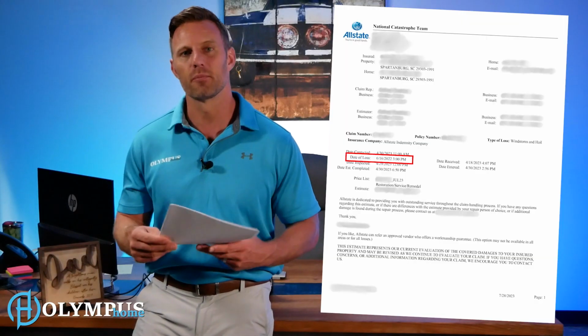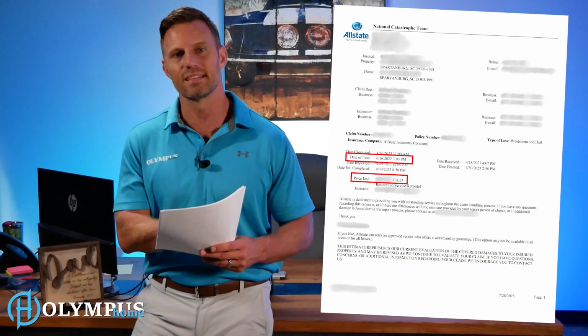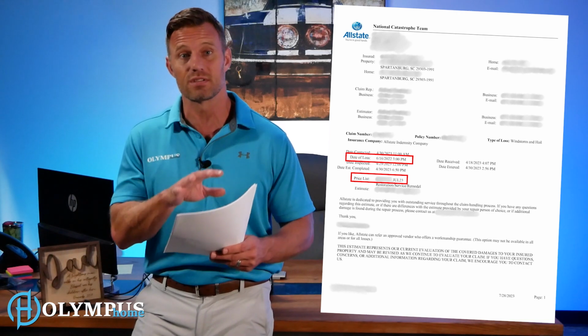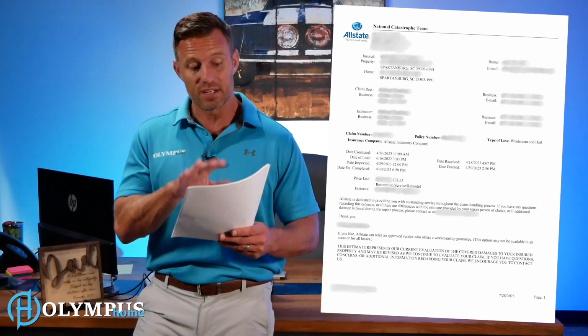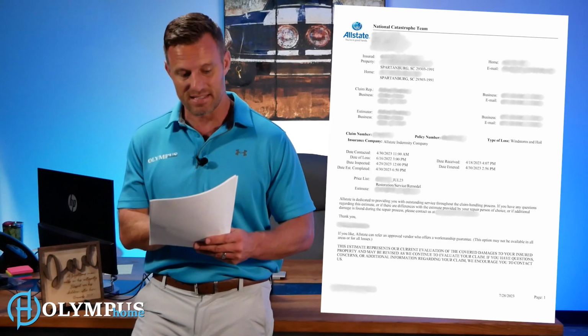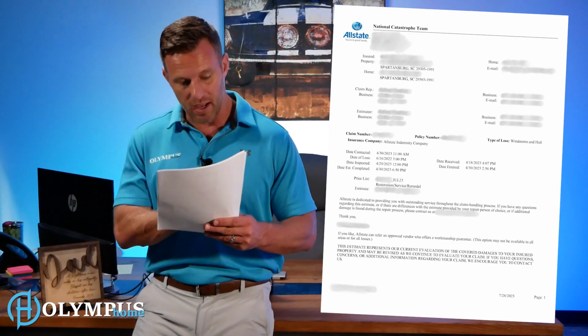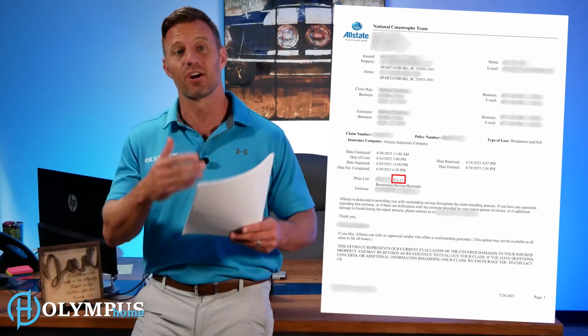That date of loss information is going to determine what price list the insurance company uses for your project, which leads us to the next thing to pay attention to. You want to look at this price list field and make sure that it's concurrent with the date that you have. Now, anything newer than the date you had is awesome, but anything older, you want to reach back out to your claim representative and make sure that they update that to the most up-to-date pricing, because over the last couple of years, we've had price increase after price increase after price increase.